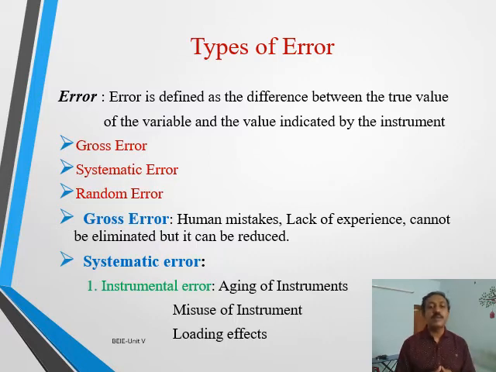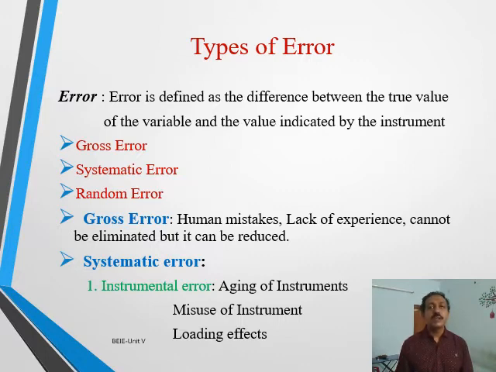Second one is systematic error. Under systematic error, there are three further categories. First one is instrumental error. Instrumental error is due to aging of instruments, old instruments. In old instruments, the spring tension will get reduced and it leads to error. Or misuse of instrument.